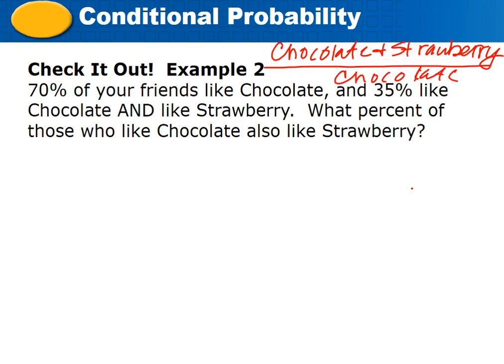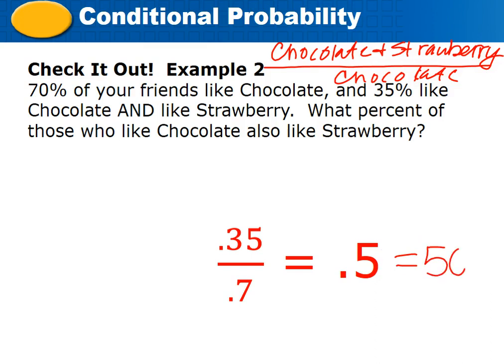So again, that's going to be 0.35 this time, divided by 0.7. You really have to read this problem because it wasn't in the order that the other one was. That's 0.5, and again, if we multiply that by 100, that's 50%.